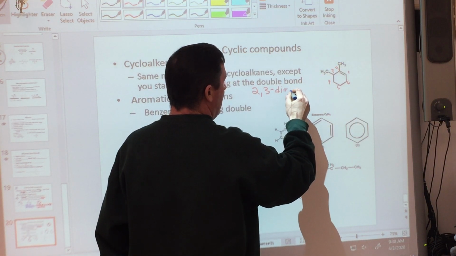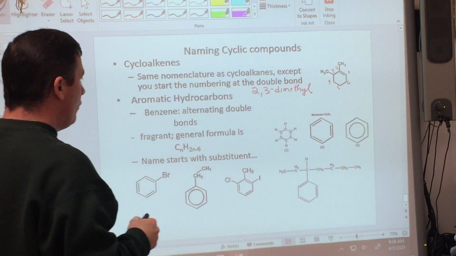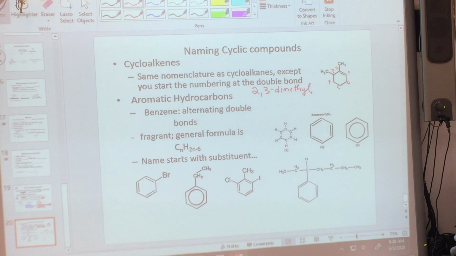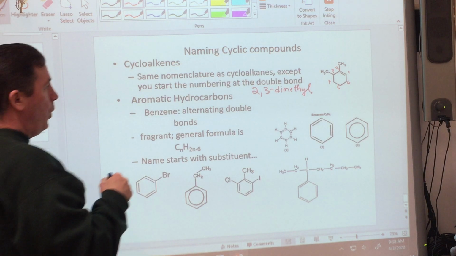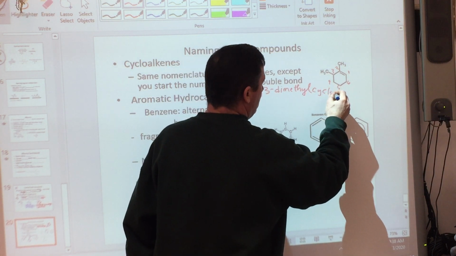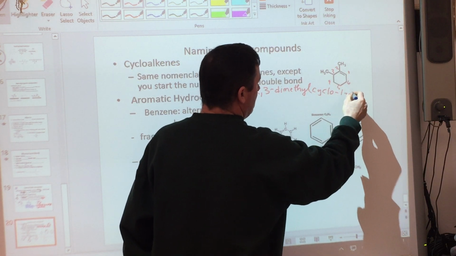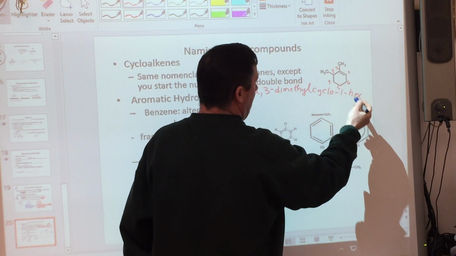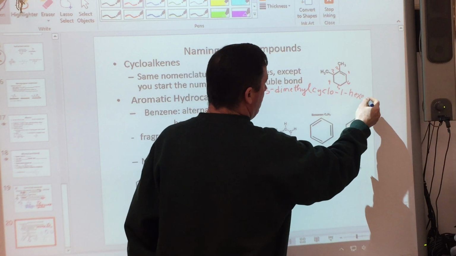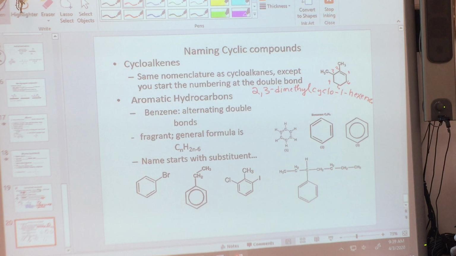They're 1 carbon, that's a methyl. 2,3-dimethyl so far. But I also have to name where the bond is. So 2,3-dimethyl, cyclo, 1. How many are there? 6. And it is double bonded, so it is hexene. 2,3-dimethylcyclo-1-hexene. Okay?